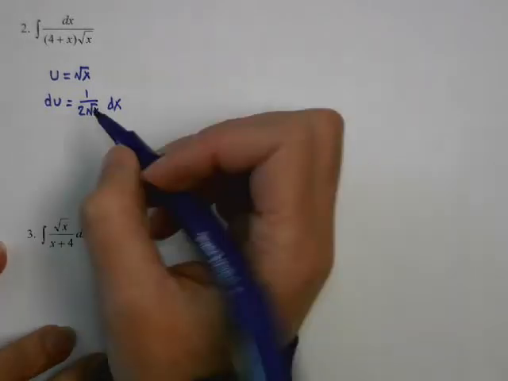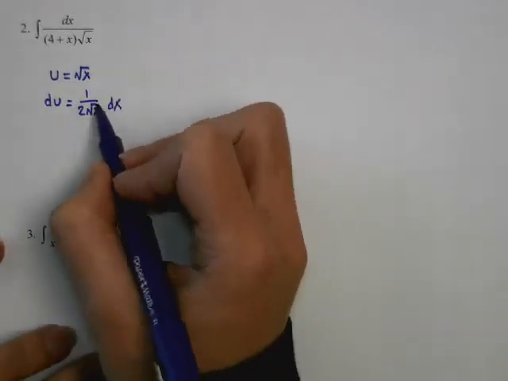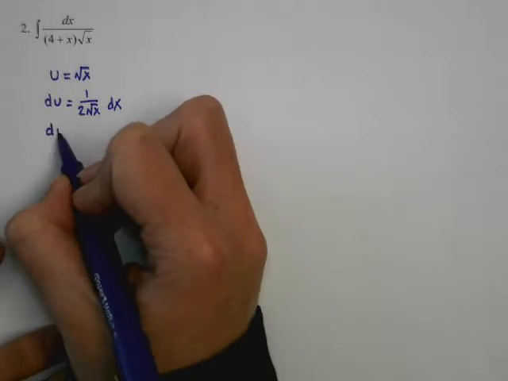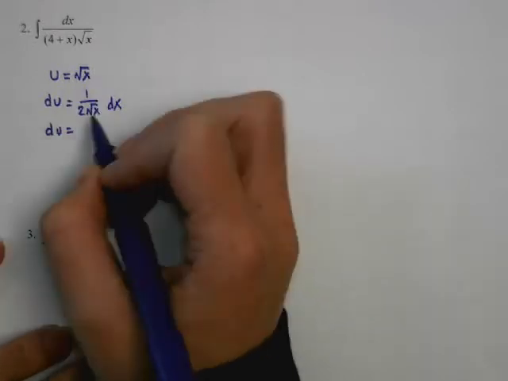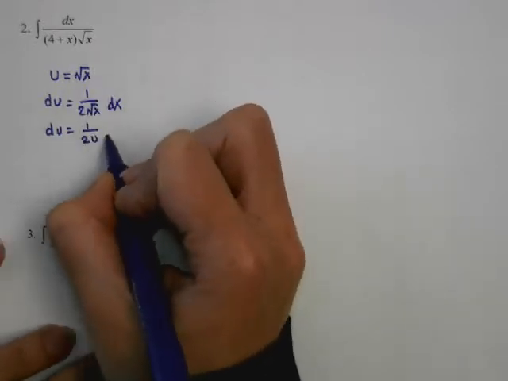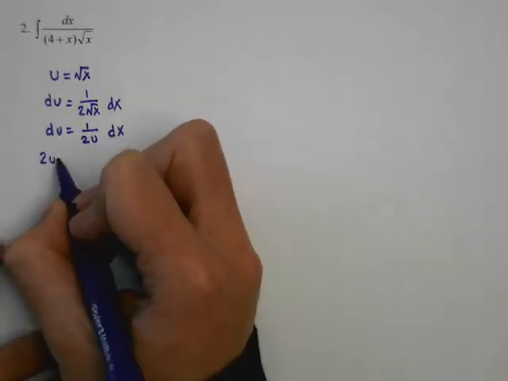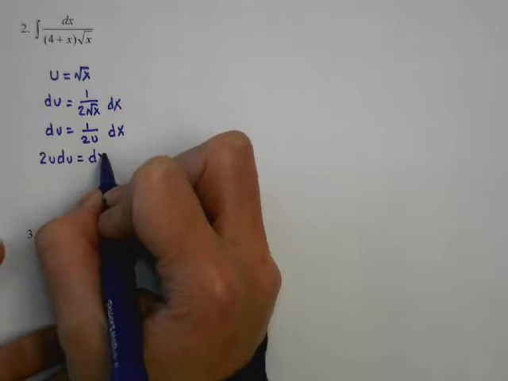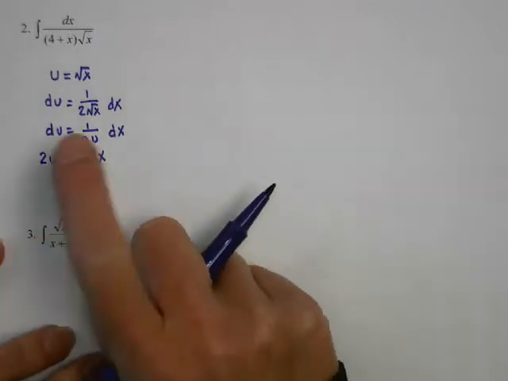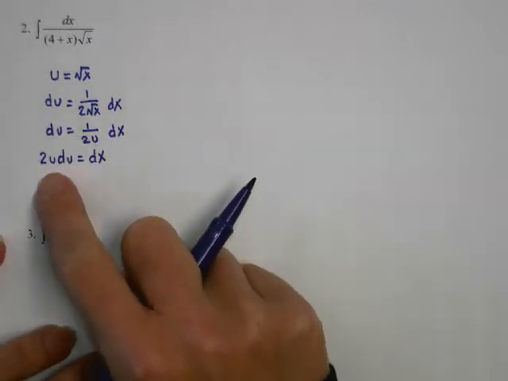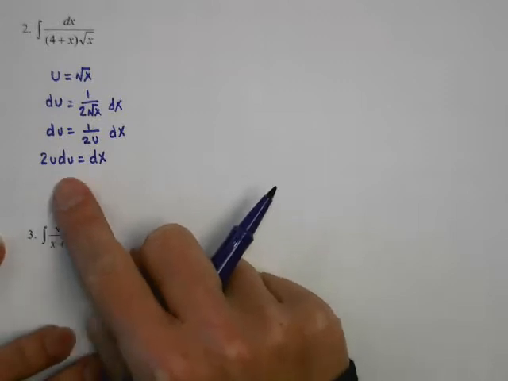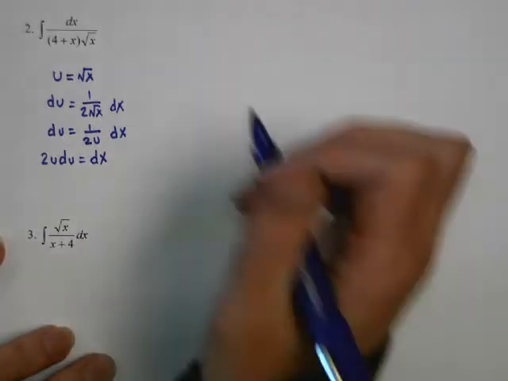But that's okay, because u is really, or the square root of x we just said is u. So this is really 1 over 2u dx. So I'm going to put that on this side. So I'm going to replace dx with 2u du, and that will actually make our problem easier.